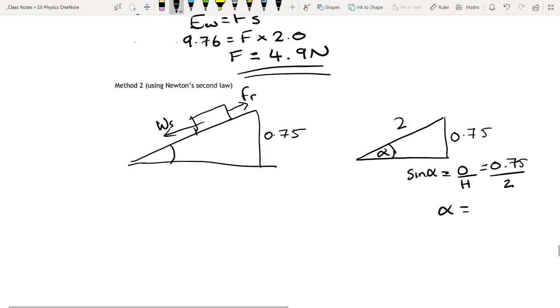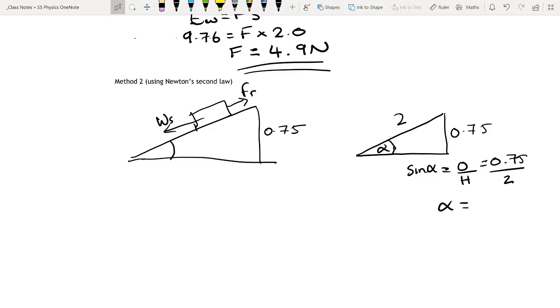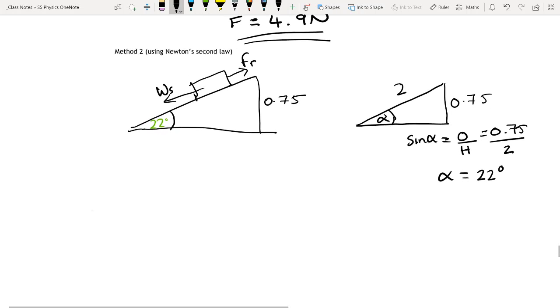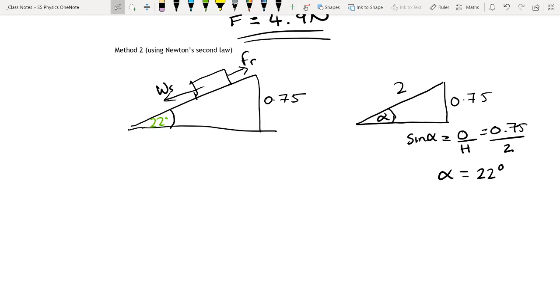So alpha would be inverse sine of 0.75 over 2, which I believe comes to 22 degrees. So already that's one thing we'd need to find out to answer this question, which probably took us just about the same amount of time as answering the full question the other way.